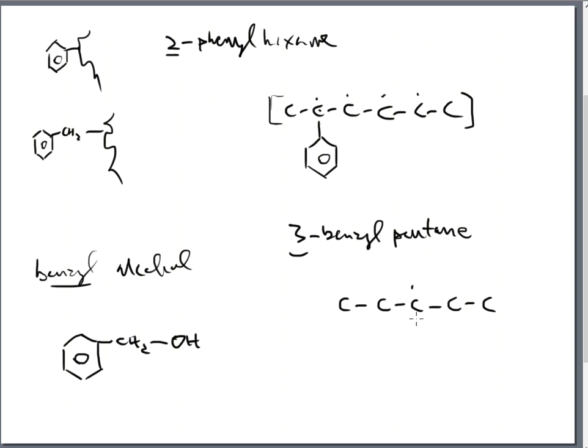What's the benzyl group? Well, Tracy, you just told me this is a CH2 group and a benzene that goes off of that. There you go, there's 3-benzylpentane, and there's the structure. It's all you need. Finally, our last example that I left you with was bromomethylbenzene.